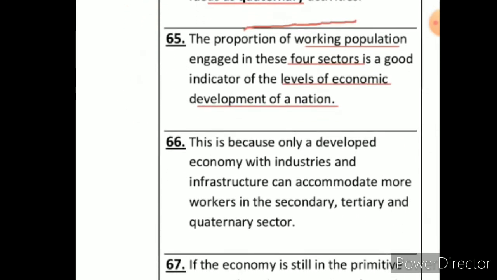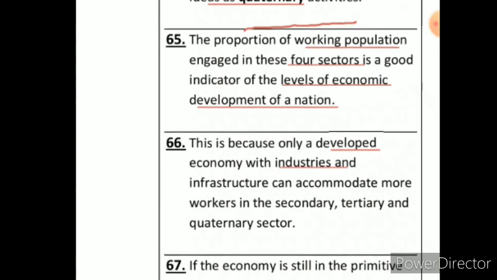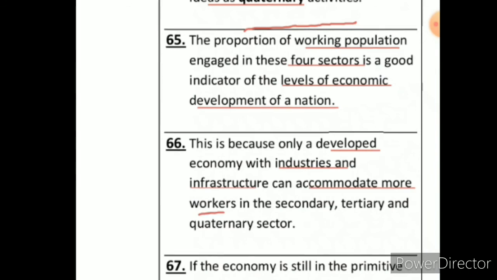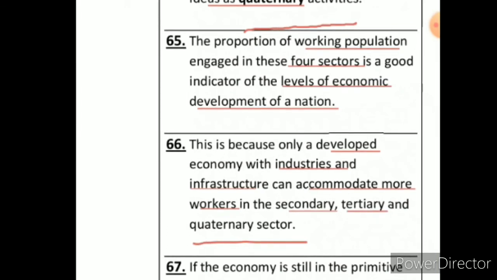Developed economies have more industries and good infrastructure where they can accommodate more and more workers, right? So mainly they are engaging themselves in secondary, tertiary and quaternary activities. Then only your country can be called a developed economy.